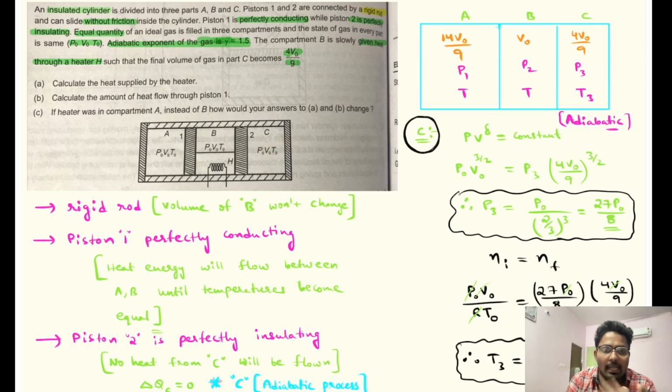You need to use what is conducting, what is insulating, what is an adiabatic process, what is an isochoric process, what is the first law of thermodynamics, and when gamma is given, how to find CV, how to conserve the number of moles, and knowing delta U is irrespective of the process, how to find delta Q indirectly. We are able to find all these things within this one single question. All these topics are covered.